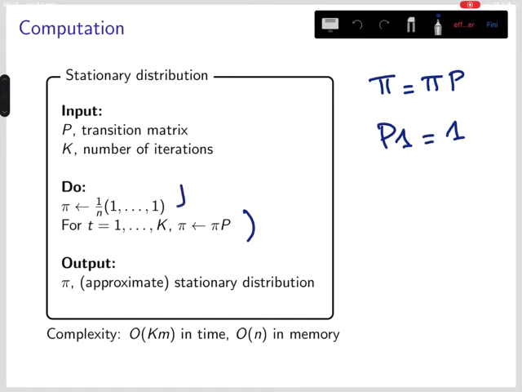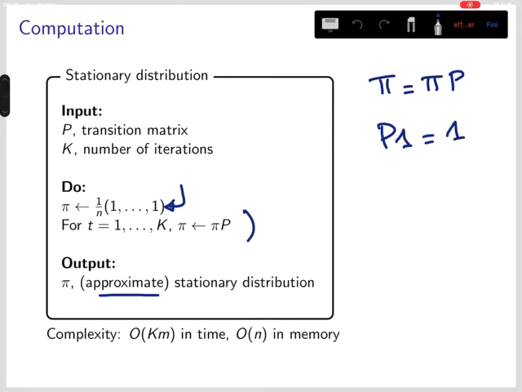You just start from an arbitrary vector, let's say uniform, and you iterate this left multiplication. And you get an approximate solution. The quality of the approximation depends on the number of iterations, and you can show that the convergence is geometric at a rate equal to the second largest eigenvalue of P.